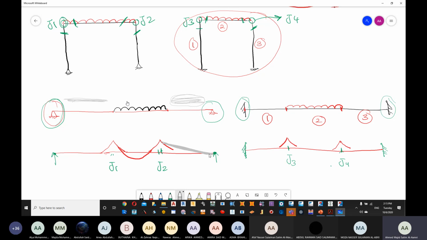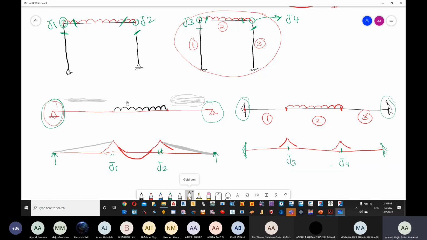Here there is no load, so of course it goes straight to zero. We are talking about bending moment now, not shear force, whether it's stable or not. The same thing here. There is no load, so directly it goes to zero. Are we fine?